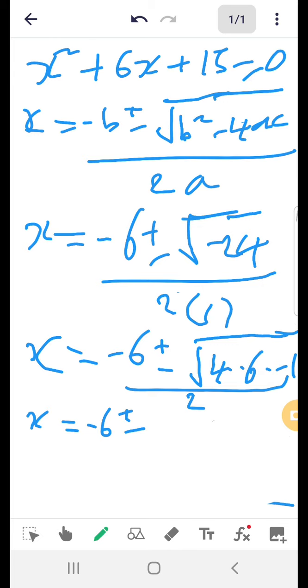So basically the square root of 4 is 2, so you can take it outside the brackets. Then the square root of 6 times negative 1, over 2.